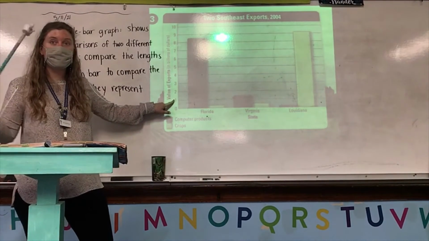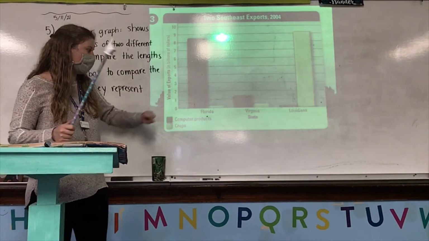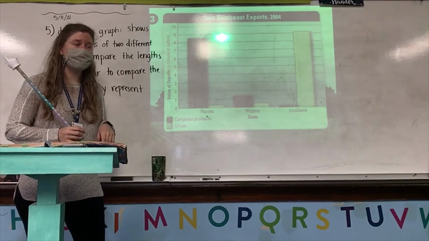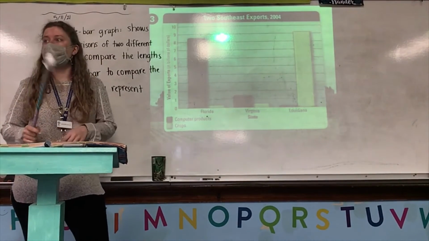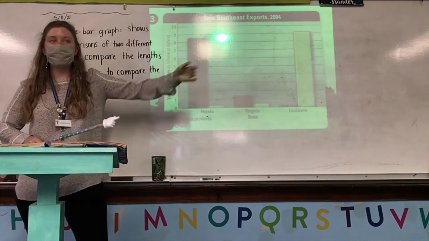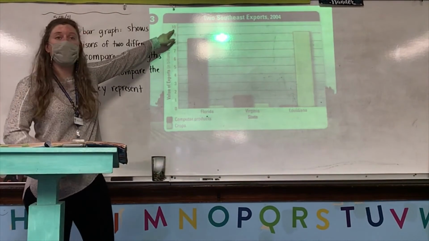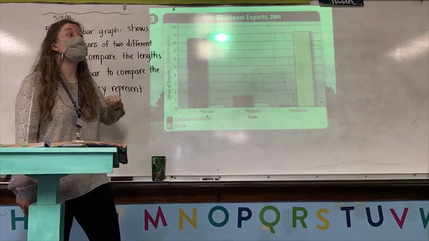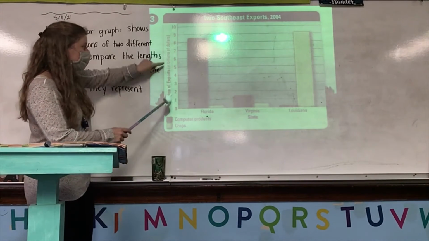So make sure you use that word billion, otherwise you're telling me, oh, they only made $1 off of their exports. Well, it probably cost more to ship than what they made. So this is not $10, it's what? Michaela? $10 billion. So pay attention to that.